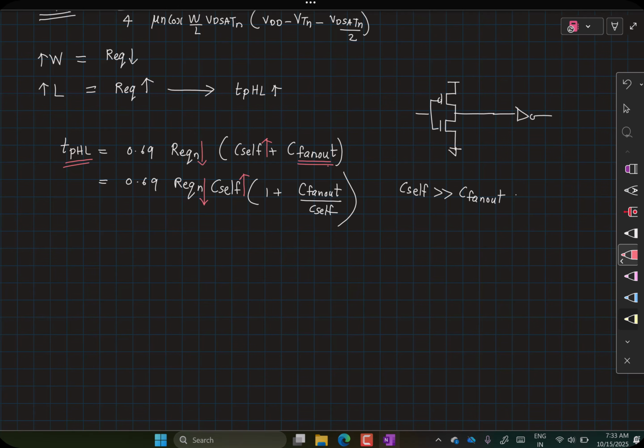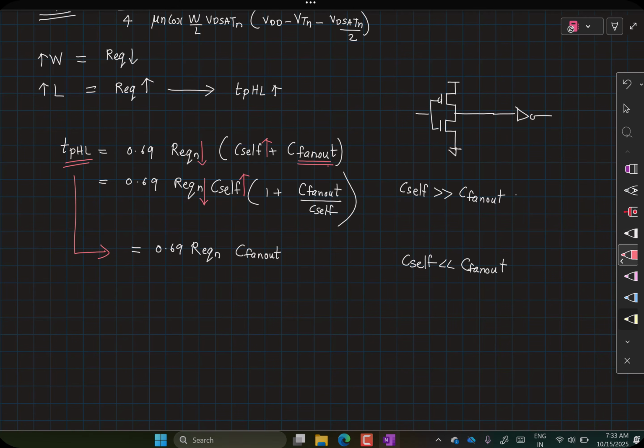However, if your C self was much smaller, let's assume the condition where the C self was much smaller than C fan out. Then using the same manipulation, you will be able to write this as 0.69 into R equivalent N into directly C fan out. The rest of the parameters will be negligible.